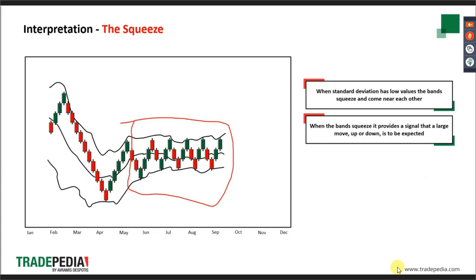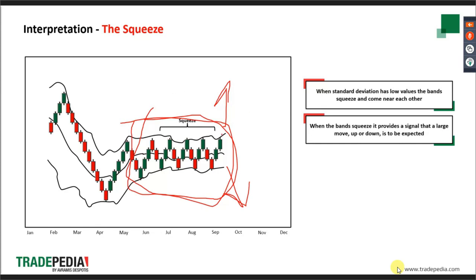When this occurs, it provides a signal that a large move up or down is to be expected. After every market consolidation, we have an expectation of bigger moves. A bullish signal is given as soon as the body of the candlestick closes above the Bollinger Band.